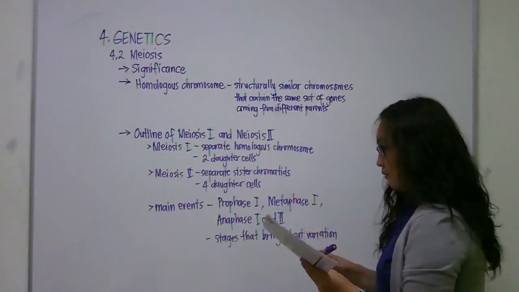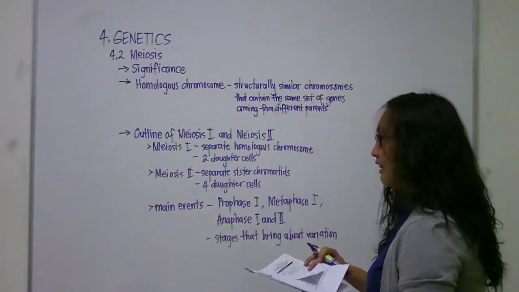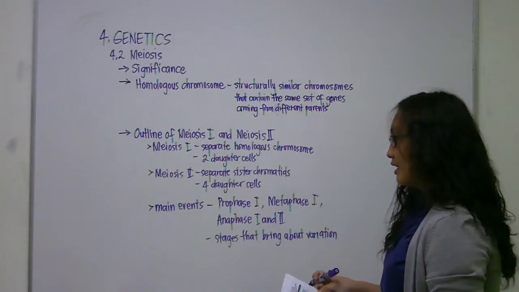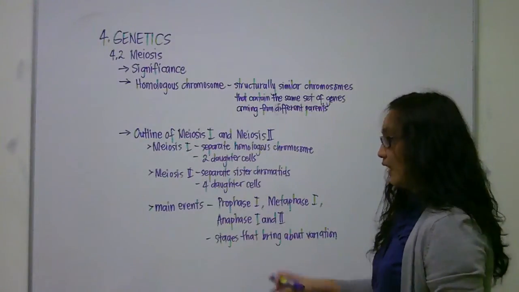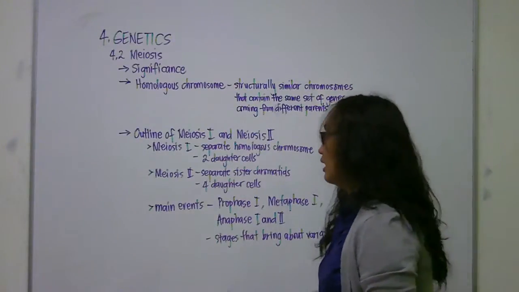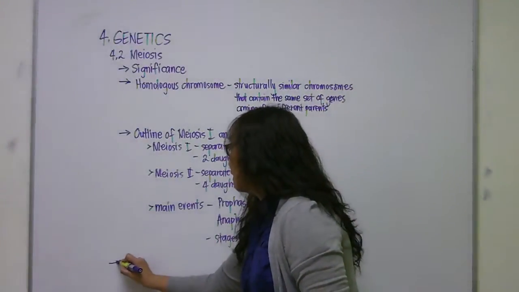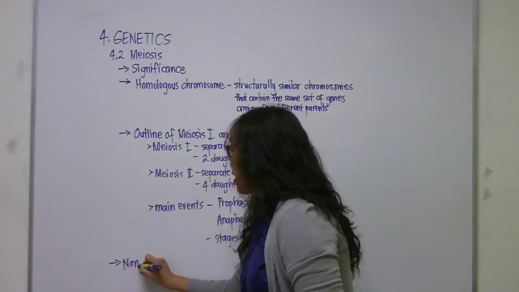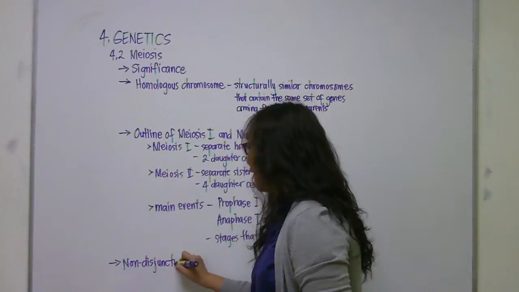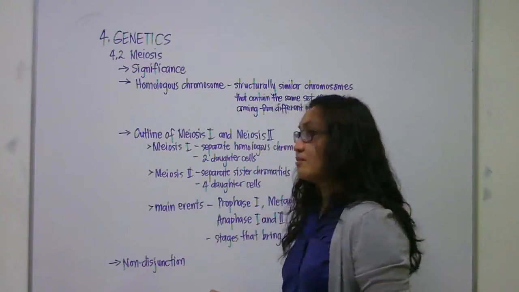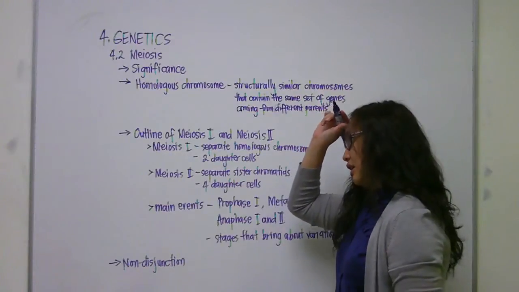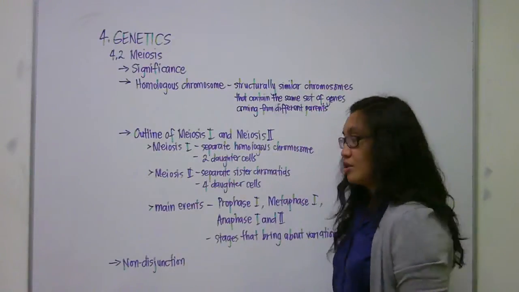So right after explaining the main events, we can now explain that certain events in the anaphase also bring about mutation. Because of non-disjunction, which is the failure of chromosomes to separate equally, which actually results in mutation.